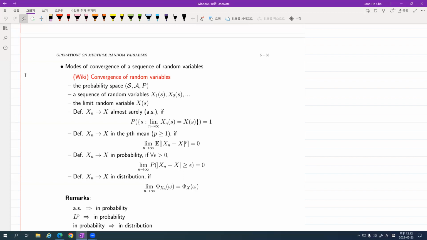You don't even think about the probability of the event. You don't consider some set of s such that blah, blah, blah. You just compute the limit of the CDF or the limit of the characteristic function, and you check whether it converges to the CDF or characteristic function of your limit.